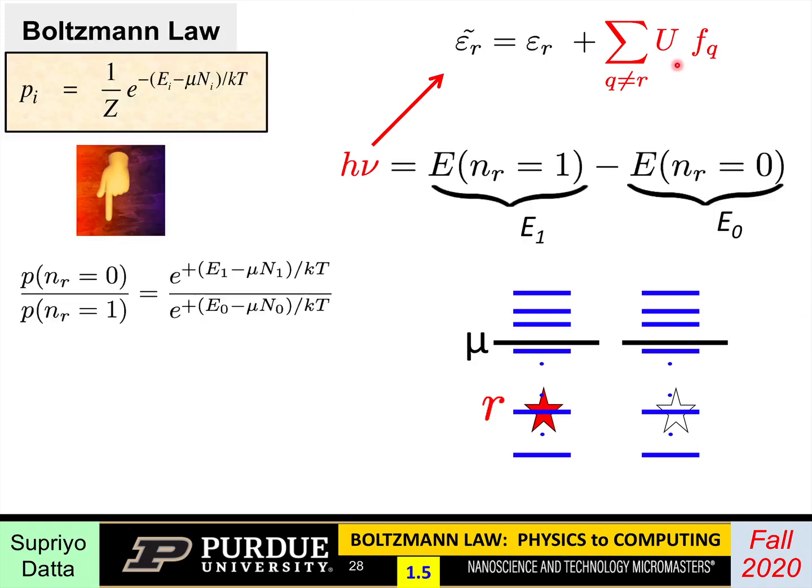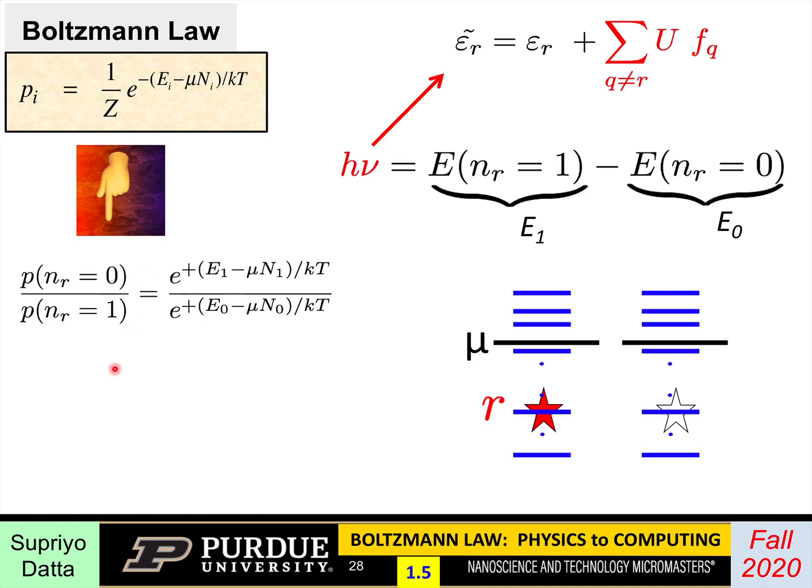Now another way to think about it is, well, what would you have expected from Boltzmann law? So what Boltzmann law says, that if you consider any two configurations like this one and this one, which are identical except that in one case r is occupied, in the other case r is not occupied, then the probability is proportional to e to the power minus E1 minus mu n1 over kT.